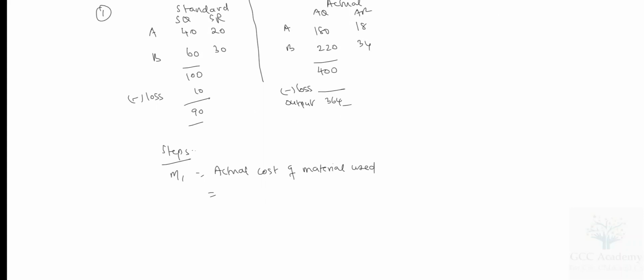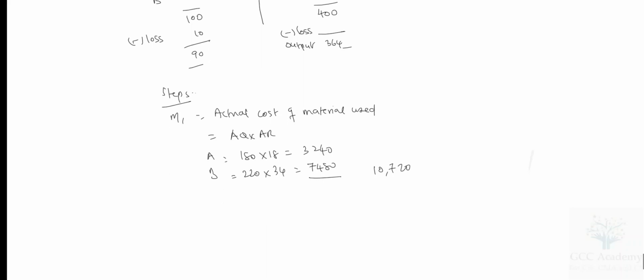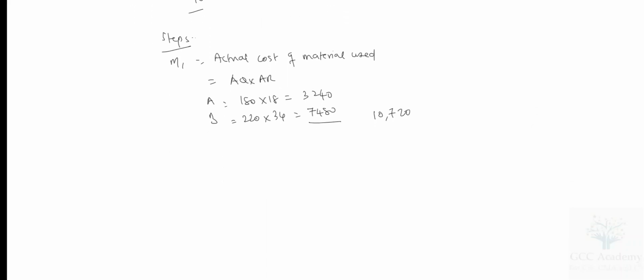Actual cost of material used means actual quantity into actual rate. Actual quantity of A is 180 into actual rate 18, 3240. For B, actual quantity is 220, actual rate is 34, 7480. So M1 we have calculated as 10,720. So M1 is actual cost of material used, both materials A and B. AQ into AR is the formula, actual quantity used into actual rate.